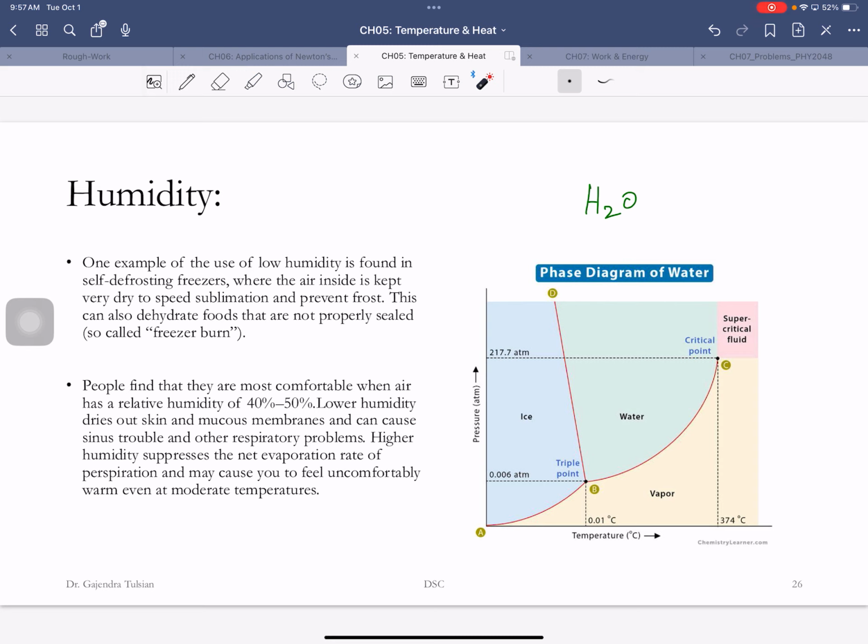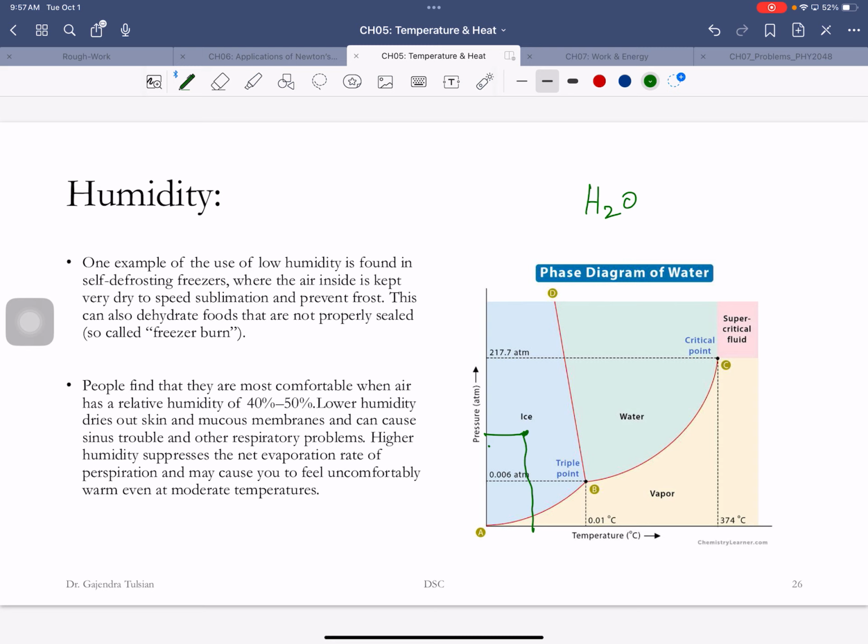This diagram is a lot of information. For instance, at this pressure and this temperature, at this point, that substance, water, can only be in the solid state. You can only have ice at that temperature and pressure.